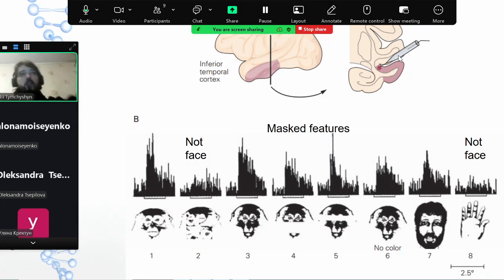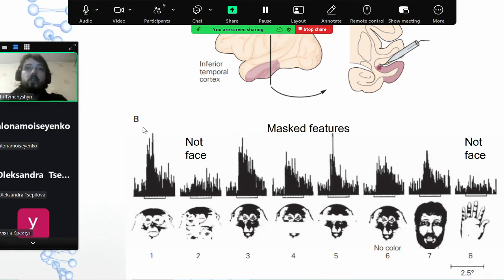At this stage in the brain, we see more than very simple features. We started with gradients, and then we saw that different parts of the brain have certain preferences for orientations or something like that. But when we get to the inferior temporal cortex, we see there is a certain preference for faces.